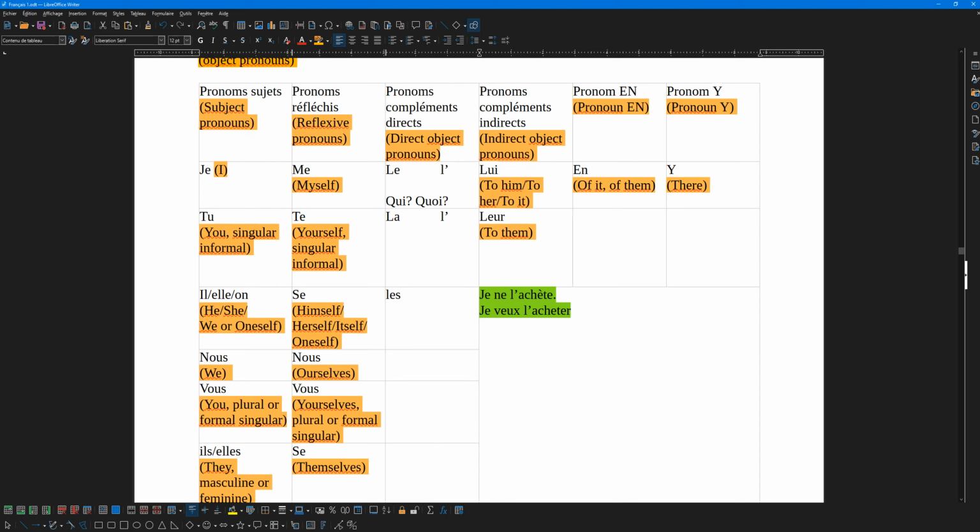So here, you have to write down the verb that is in its infinitive form and not conjugated. Je veux l'acheter. Now, if I want to turn this into the negative form, I have to put ne and pas around the verb that is conjugated, that is the verb to want. Je ne veux pas l'acheter. Like that. I don't want to buy it.